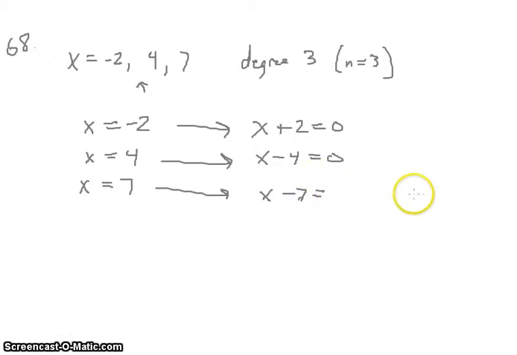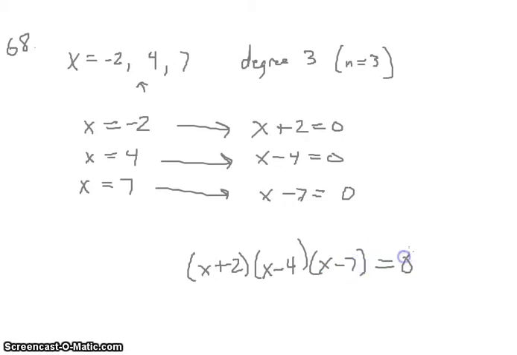So if all these are zeros, if we multiply them all together, they all multiply together. One of them would have to be 0. So then you have to use your multiplication abilities and multiply these all together to see what the polynomial would be.